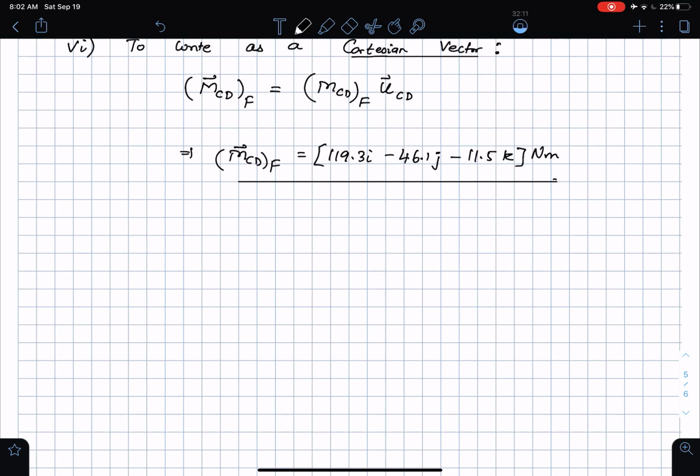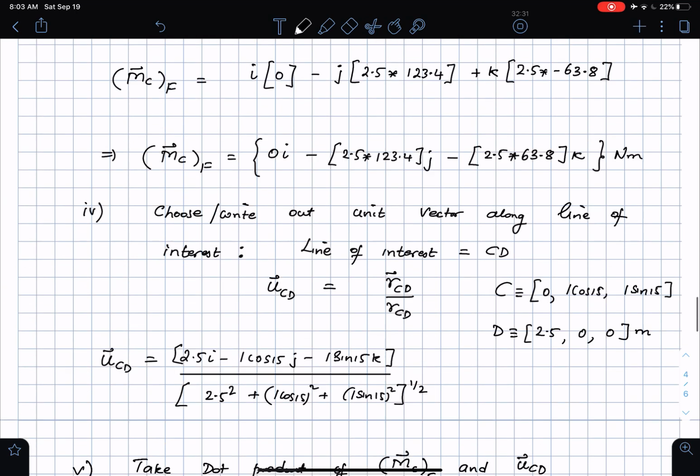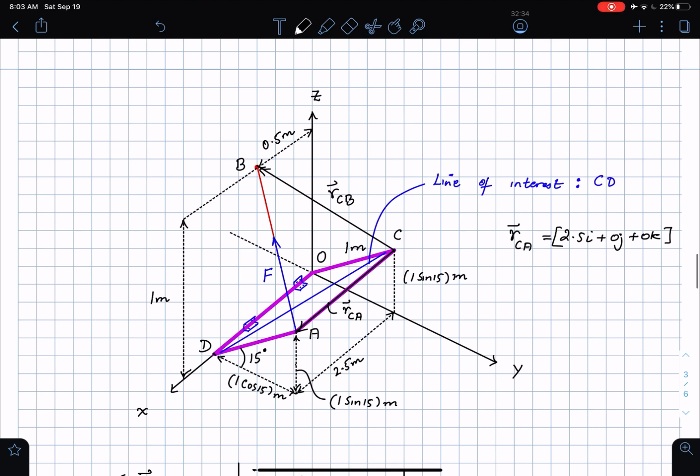So I'm going to say, okay, part C: obtain the moment about the line joining C and B. Now you have to be very careful. There are a couple of instances in which moments will end up being zero. When can moments be zero?